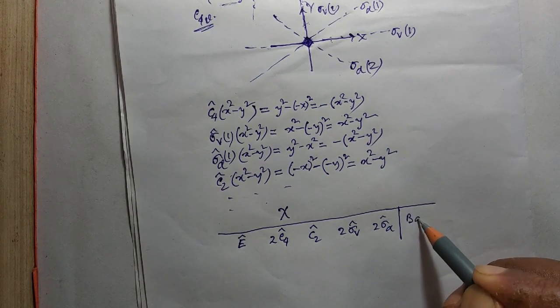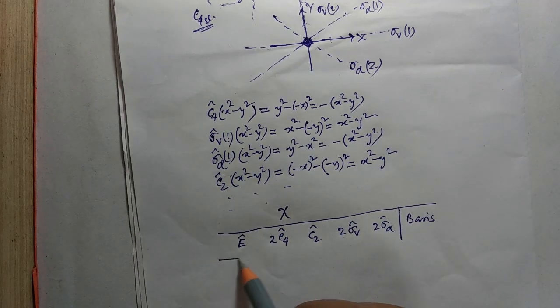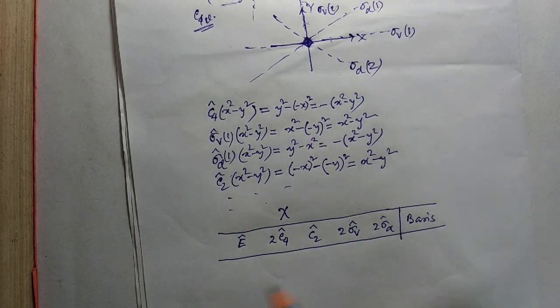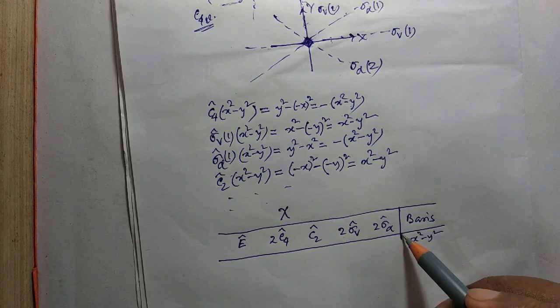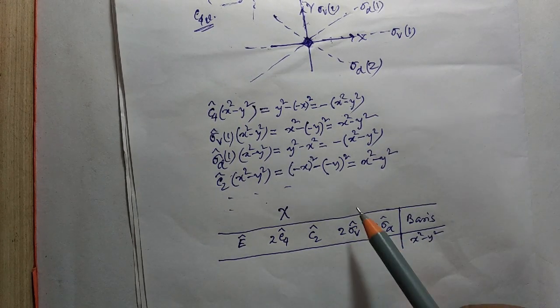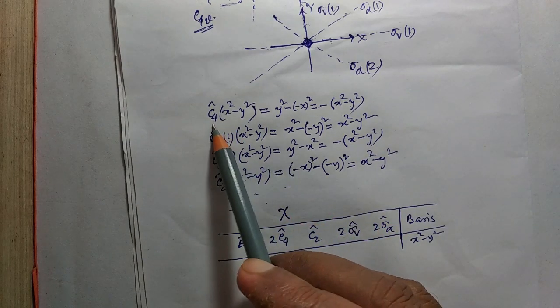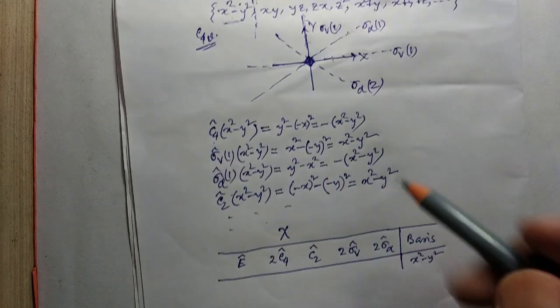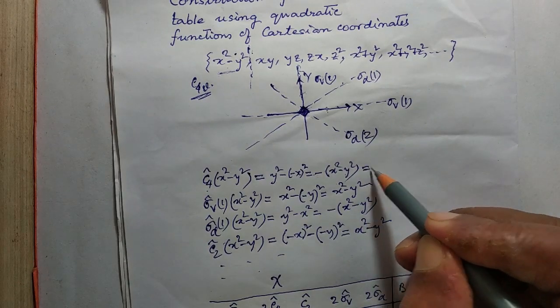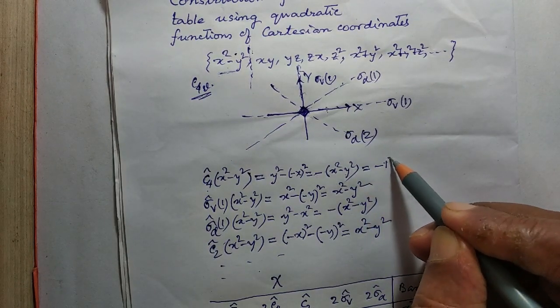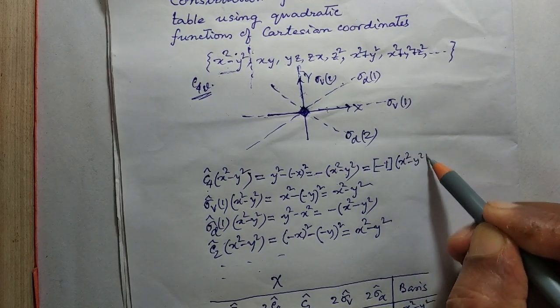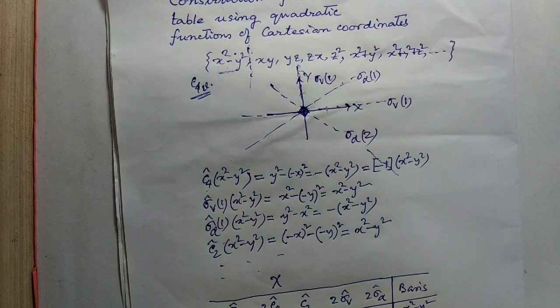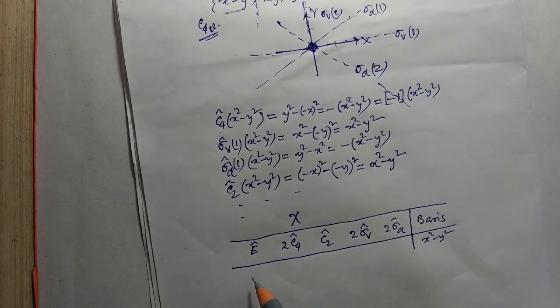And we write basis in this column. What will be the characters? Basis is x square minus y square. And the characters will be, for C4, minus 1. Because actually this is a matrix minus 1 multiplied by x square minus y square. And trace of the matrix is minus 1 itself. So trace is minus 1 for C4.